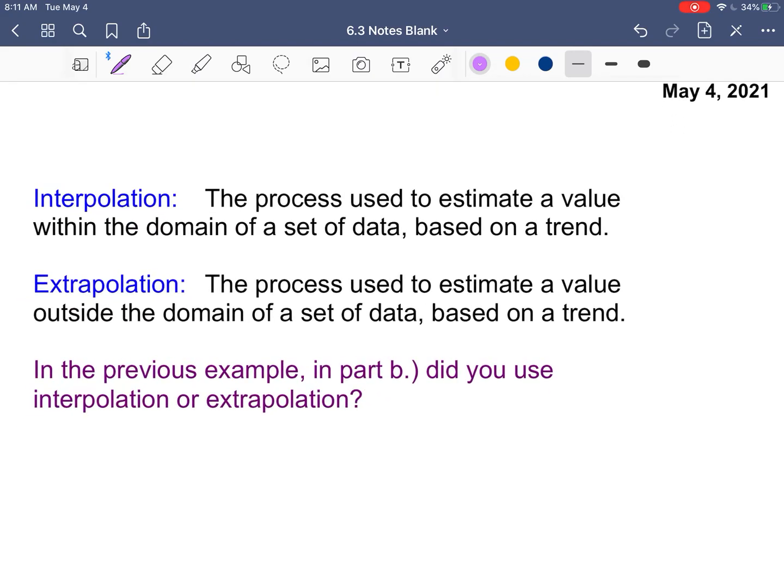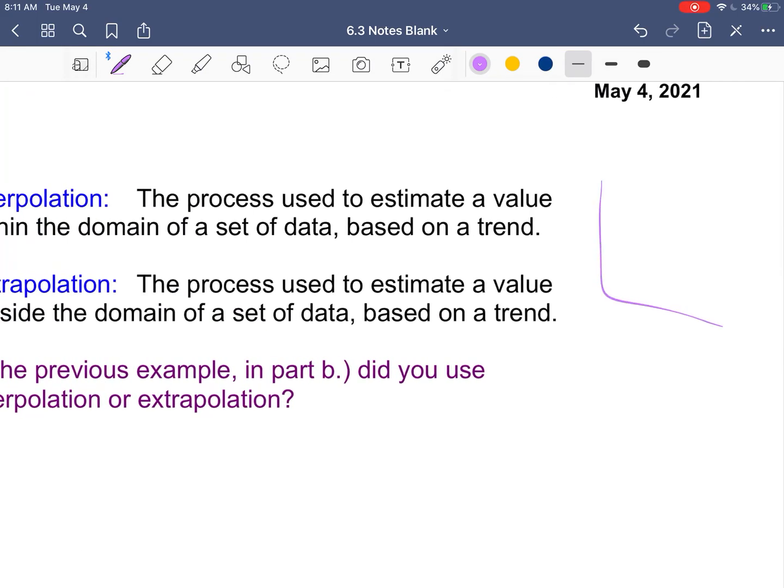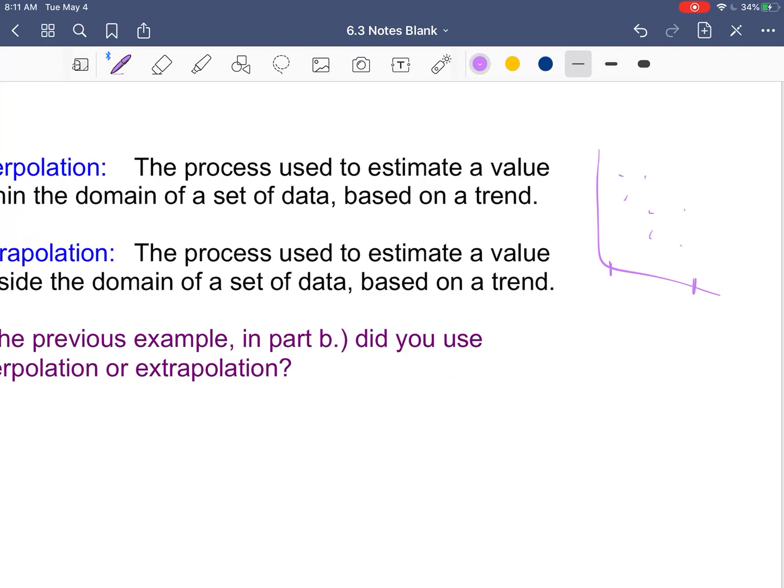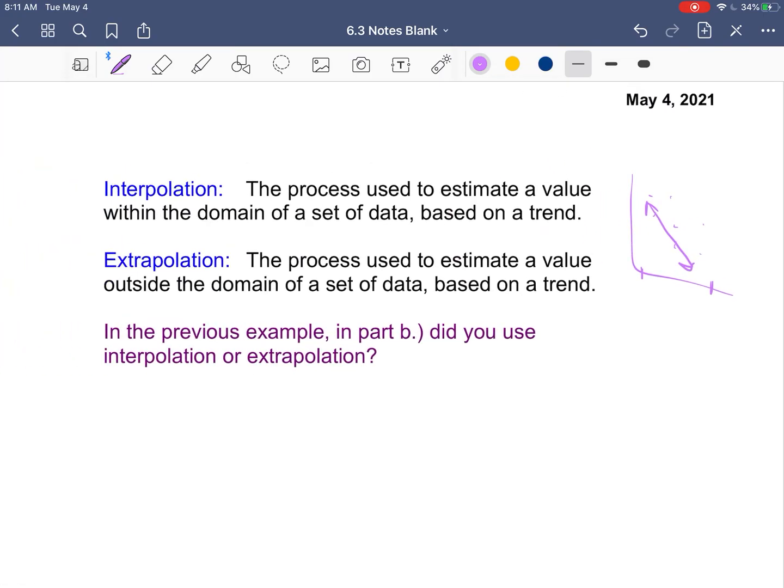Okay, so next we've got interpolation and extrapolation. Interpolation is the process used to estimate a value within the domain of a set of data based on a trend. So if we've got a graph and our data goes from, I guess, like here to here, anything within there would be considered interpolation. Extrapolation is the process used to estimate a value outside the domain.